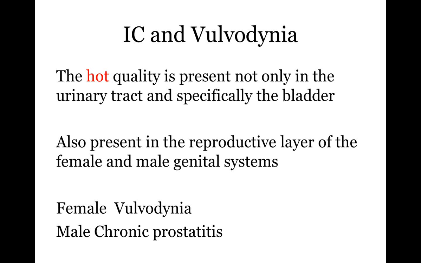So in the female, it's called vulvodynia, but in the male, the painful condition is called chronic prostatitis. So actually, chronic prostatitis and vulvodynia have some degree of correlation with one another, because of their sexual characteristics that bring them to our attention.